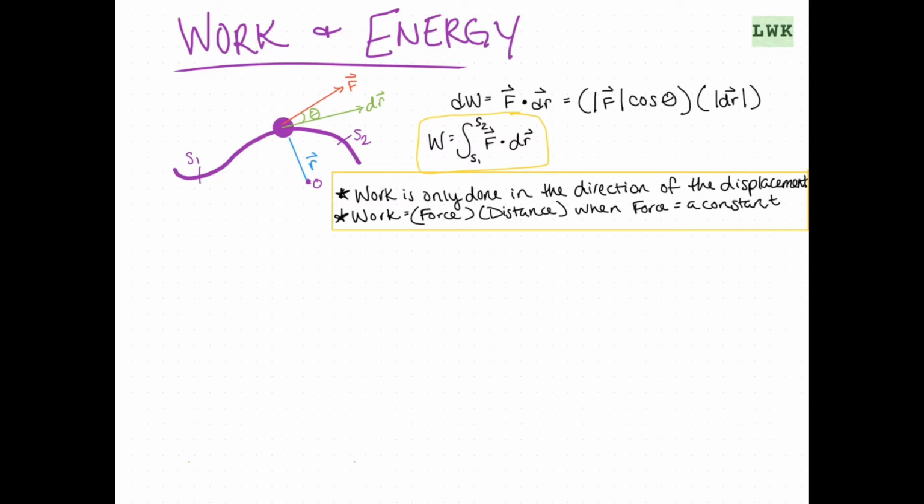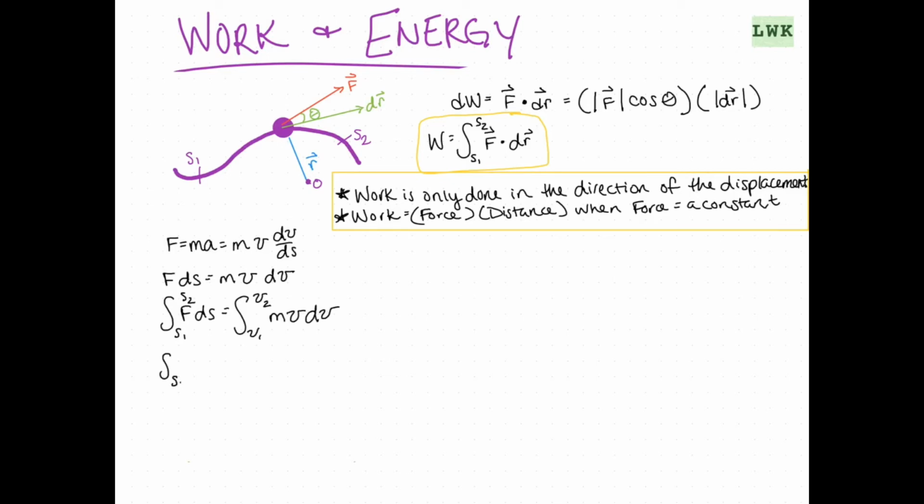Let's look again at force with Newton's law now. So F equals ma, and we could also say mv dv/ds. And we're going to separate our variables. So F ds equals mv dv. And let's integrate from S1 to S2, v1 to v2, mv dv.